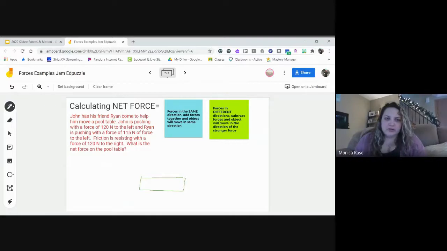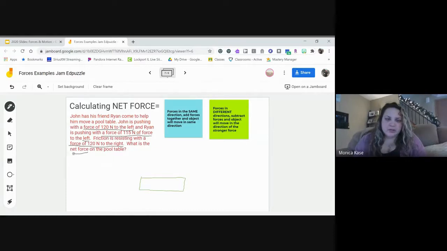All right, so underline the information that we have here first. So we've got one force of 120 newtons to the left, another force of 115 newtons to the left, and then we also have a friction resisting with 120 newtons force to the right. We're trying to find that net force again.